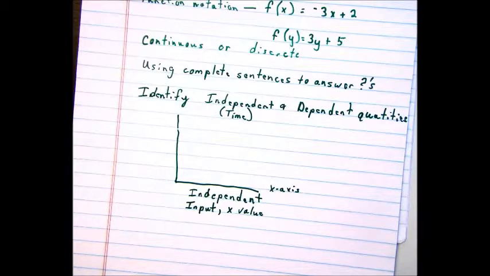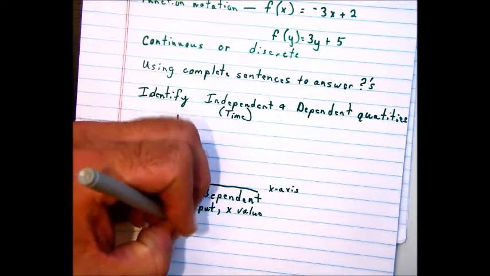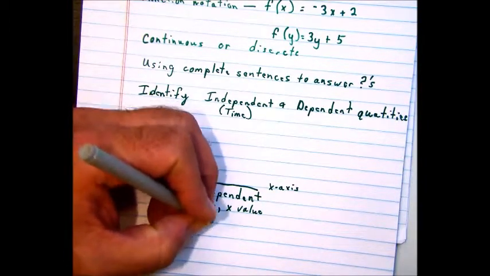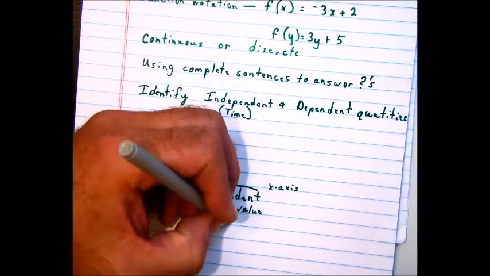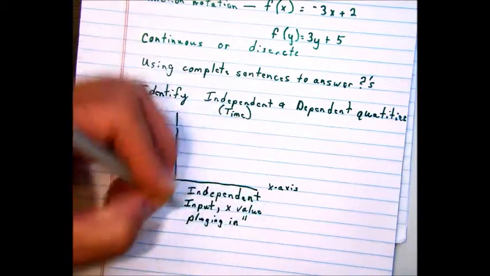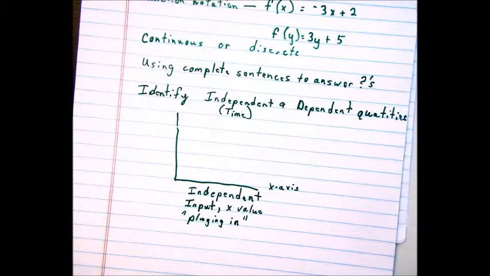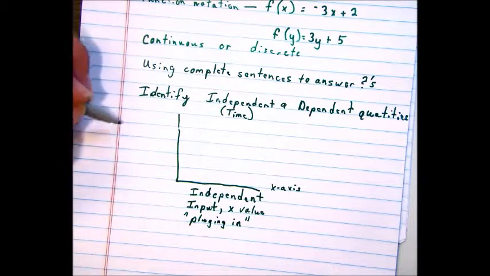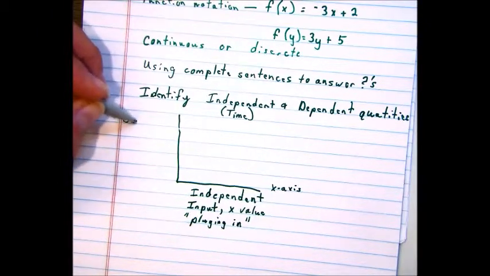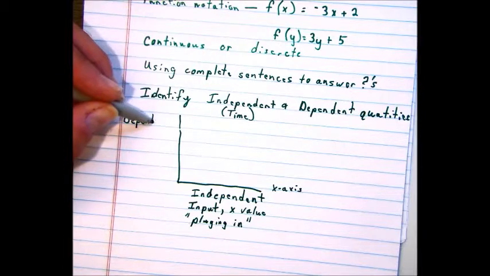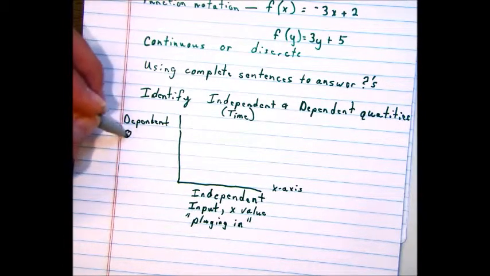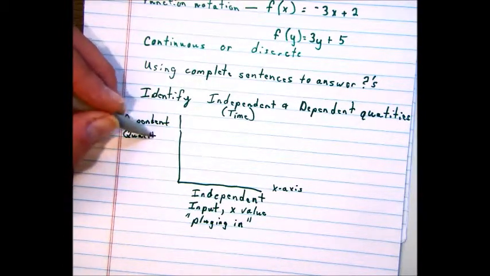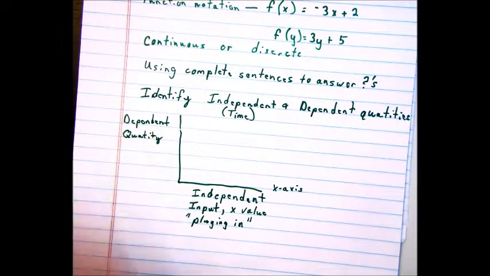There are some other names as well. Independent value. It's what we're plugging in. Okay. But we have to know what these words all mean. Okay. And then you have your dependent, which goes on the y, quantity. Okay.